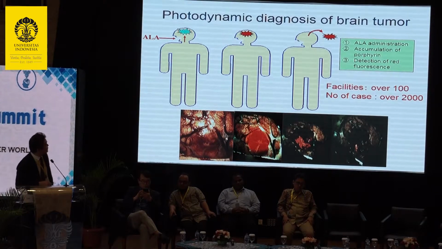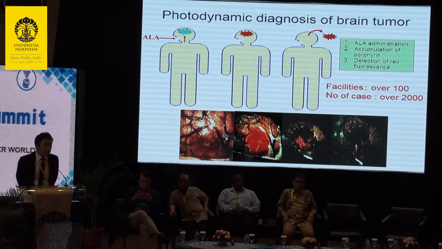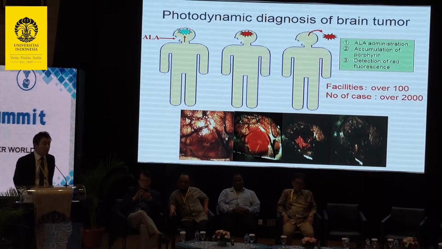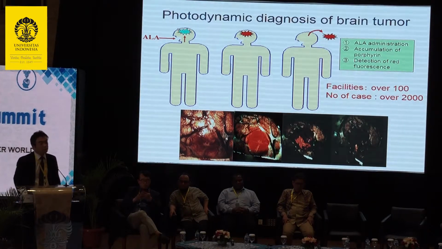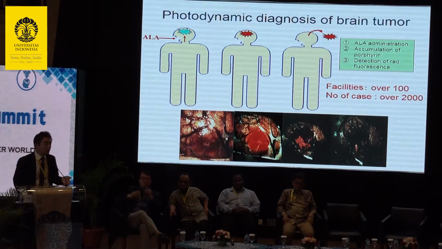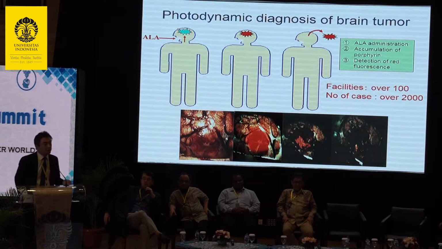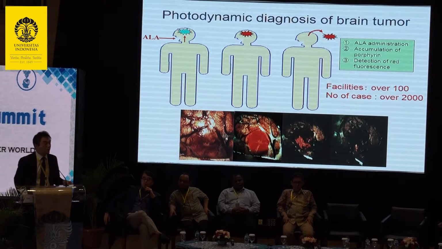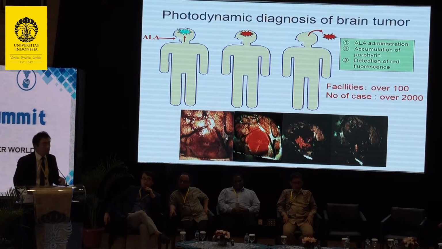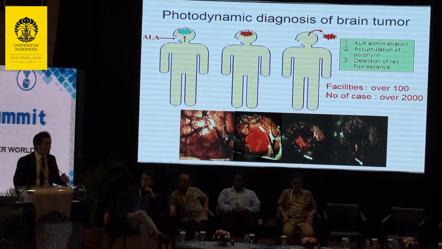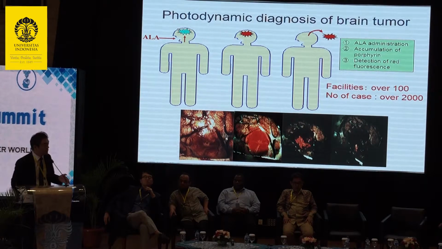This is the diagnosis of brain tumor, and in brain tumor it is very important to detect where the tumor area is and where the normal area is. So the surgical limit is quite important.